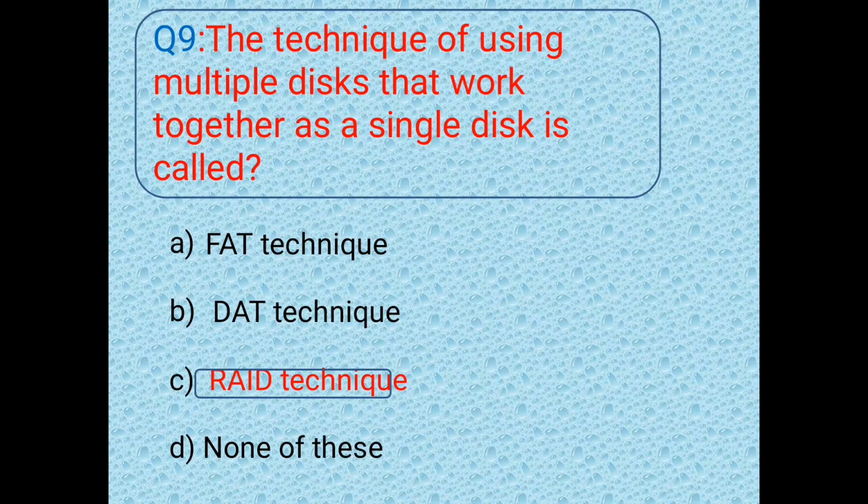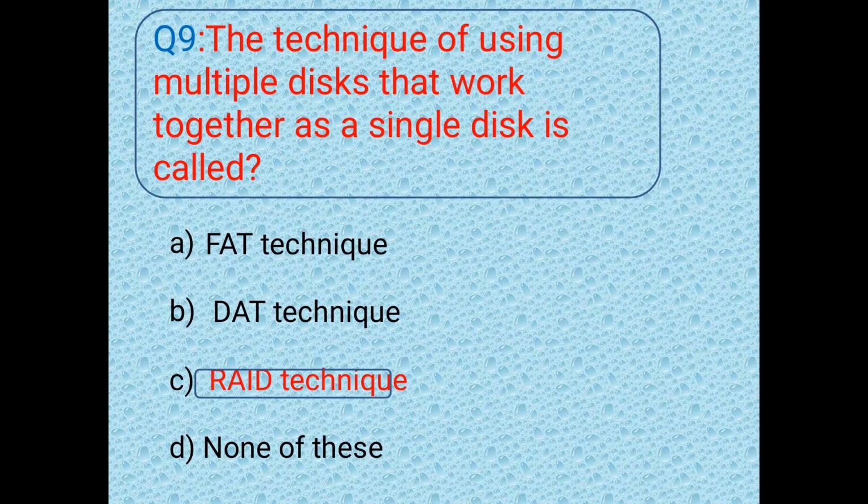Question number 9. The technique of using multiple disks that work together as a single disk is called: A, pair techniques, B, DAT techniques, C, RAID techniques, and D, none of these. So in this case, the correct option is C, RAID techniques. So what is RAID? RAID stands for redundant array of independent or inexpensive disks.